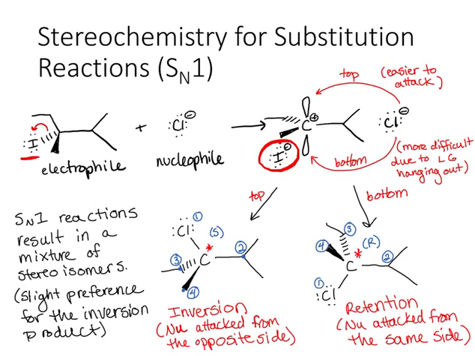So if the nucleophile attacks from the opposite side of the leaving group, that's going to be easier. So that's the preferred product, but you still get the other product too, the retention product.